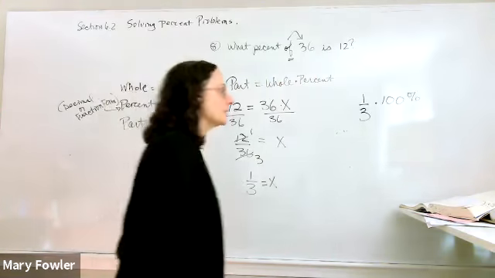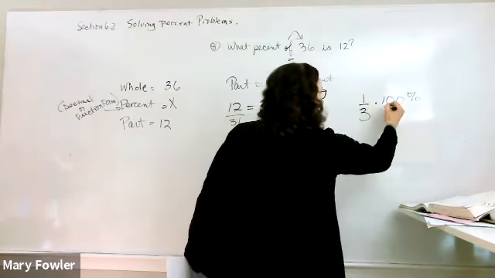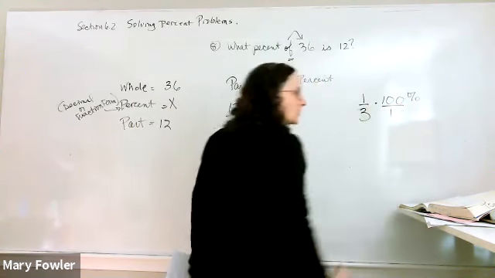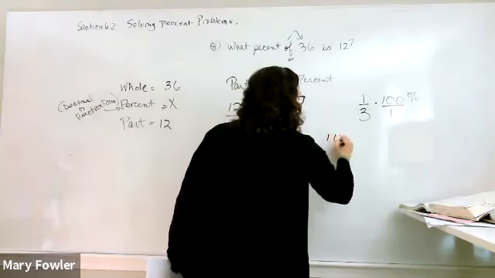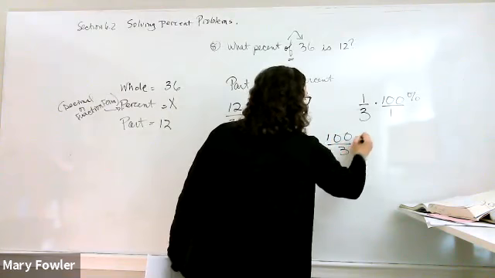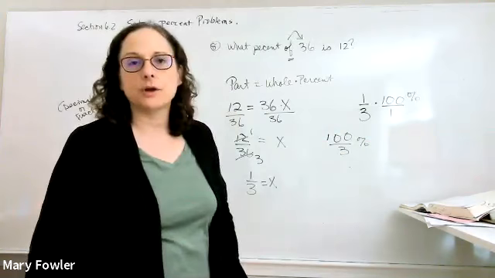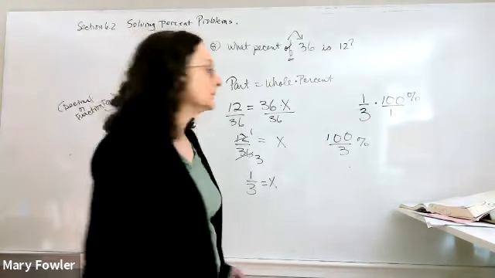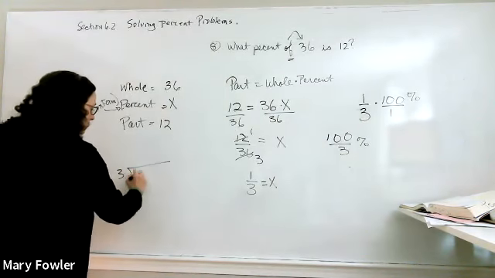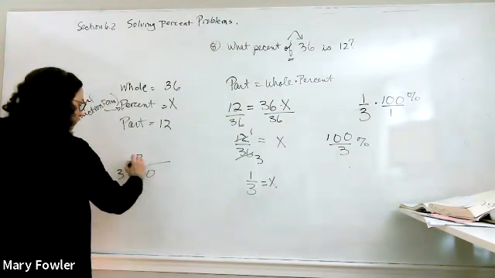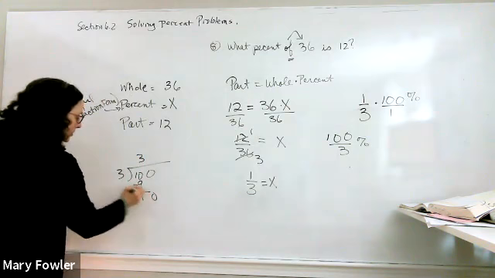So we have 1/3 times 100%, and we're going to convert that 100 to a fraction as well, so we could do this fraction multiplication. So we get 100 over 3%. And we can re-express the 100 over 3 as a mixed number. And to do that, we want to see how many times 3 goes into 100. You're going to want to work through this long division problem.